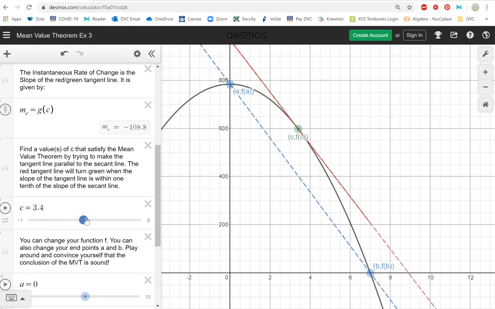Right, let's see it turn green. It's so satisfying. At t equals 3.5 seconds, my instantaneous velocity and my average velocity are the same. In this case, they're both minus 112 feet per second. We're traveling at a speed of 112 feet per second, and we are on our way down.